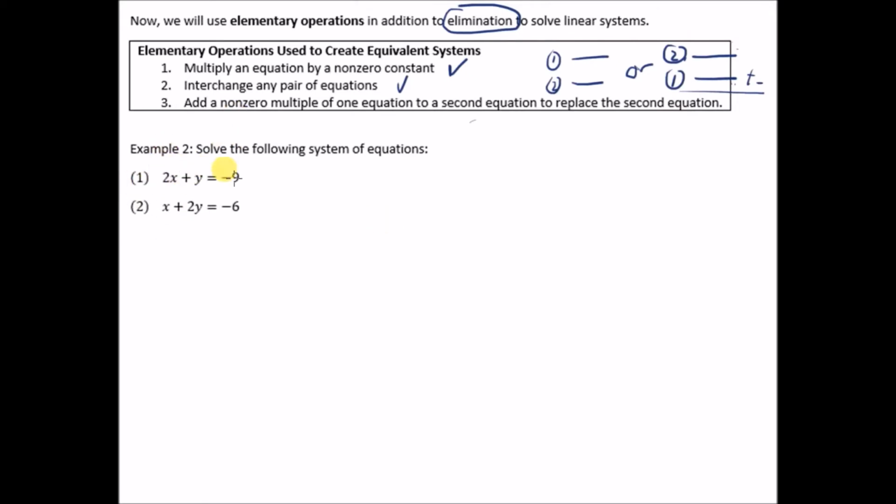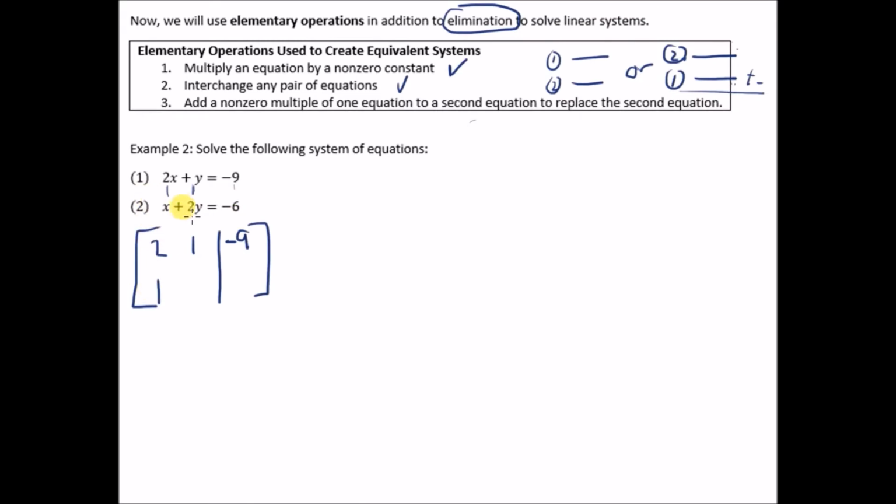In order to simplify this, I actually don't write out the x's or y's. I keep these equations in the same order, and I write this using a matrix. I just find it much easier. So we have 2, which is the coefficient of the x, 1, which is the coefficient of the y, the equal sign, and then -9.